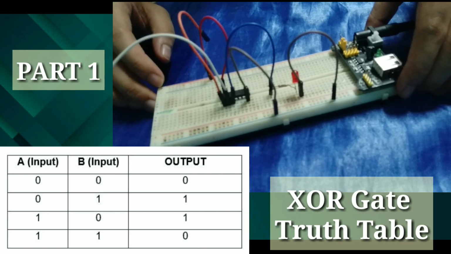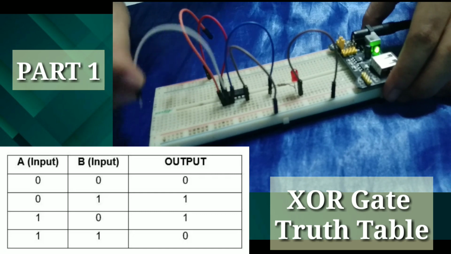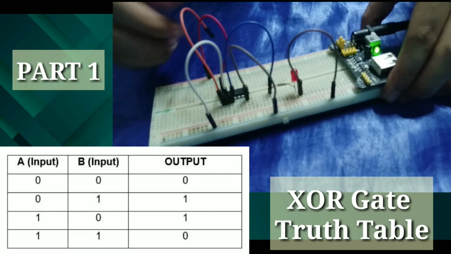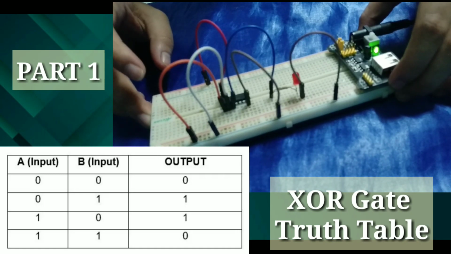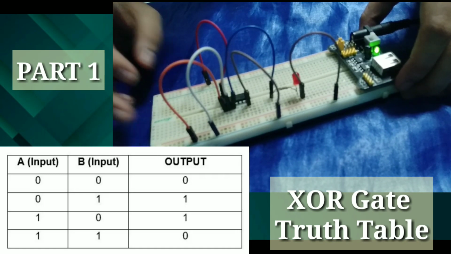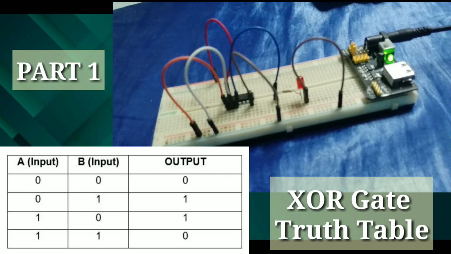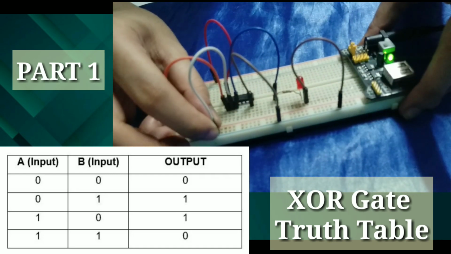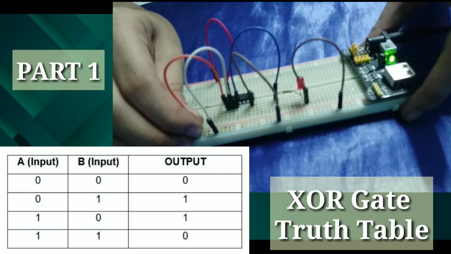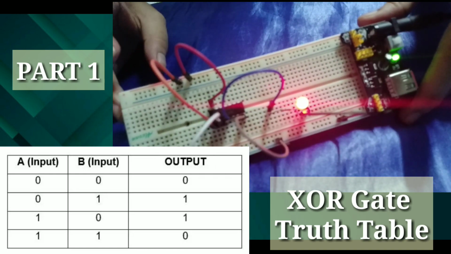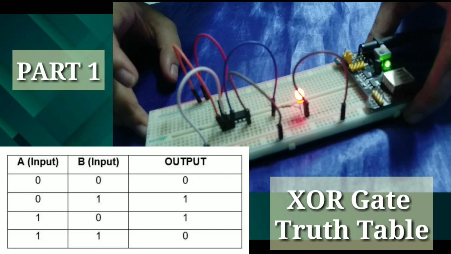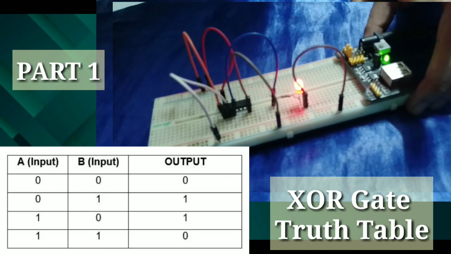Now, for our part 1 output, we will be having A input connected to ground and B input connected to ground as well. As you can see, the LED has been turned off. Now, if A is 0 and B is 1, the output will be 1, or the LED will be turned on.